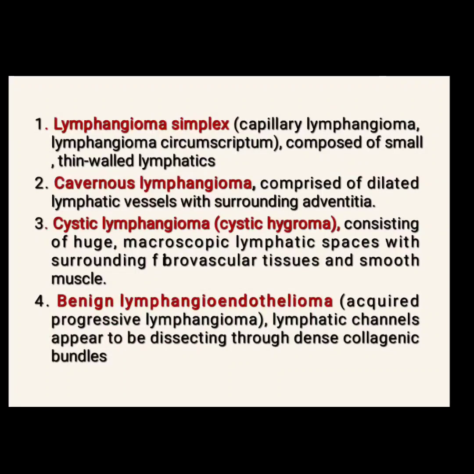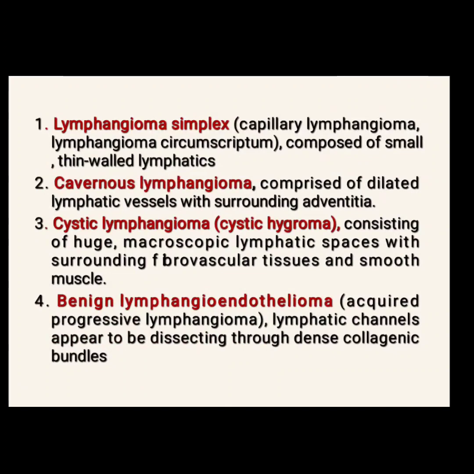As we have seen in the cavernous hemangioma, large dilated vessels, similarly in cavernous lymphangioma we will see large dilated lymphatic vessels. As we have seen in the photomicrograph, they will be present beneath the epithelium and will be lined by flattened or plump nuclei.